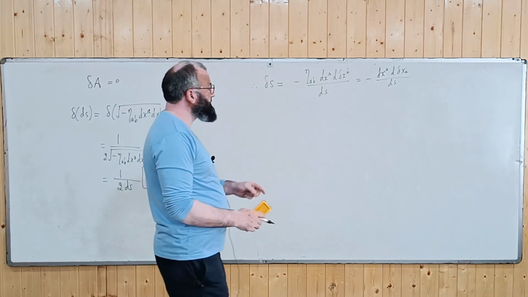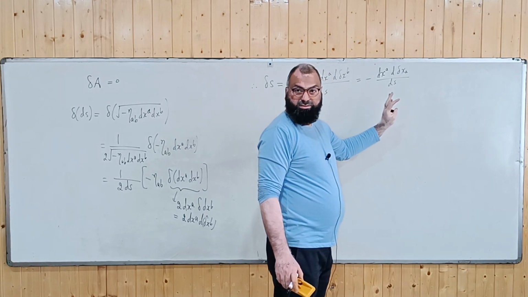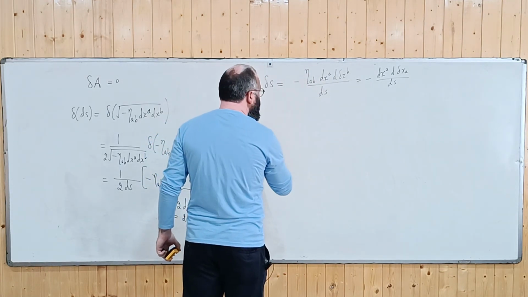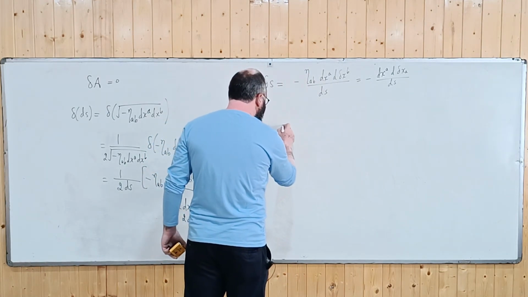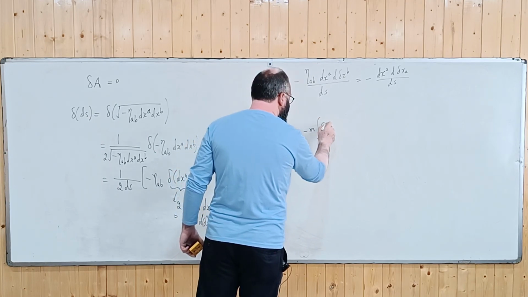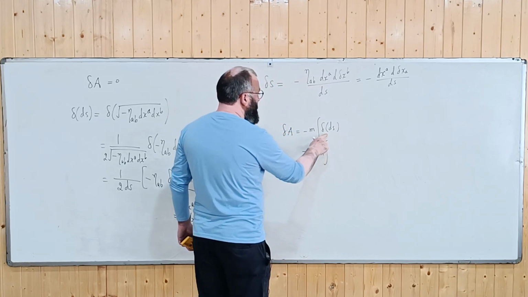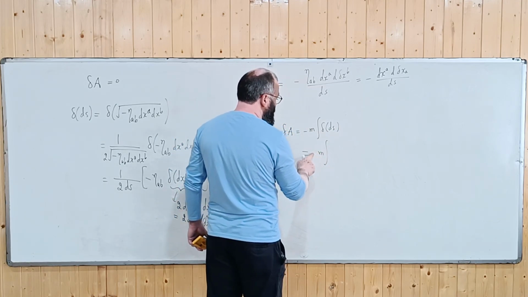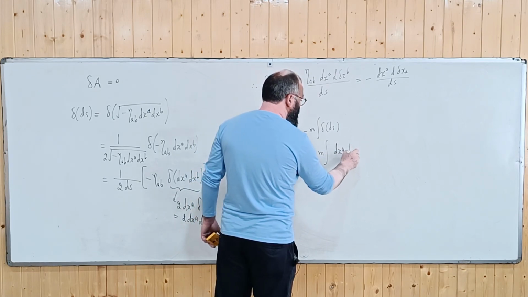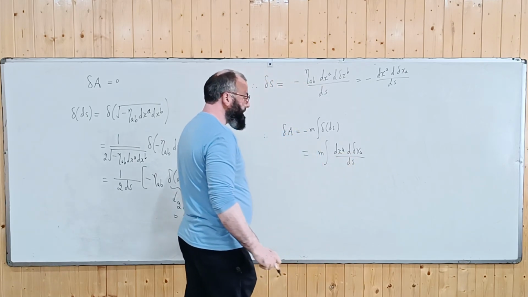Now what is this dxa by ds? That is the 4 velocity vector. So now let's write, therefore, this variation in the action is equal to minus m, variation in ds, so that's equal to minus m. So what is this variation? Minus and minus becomes plus, so it is dxa d of delta xa by ds.